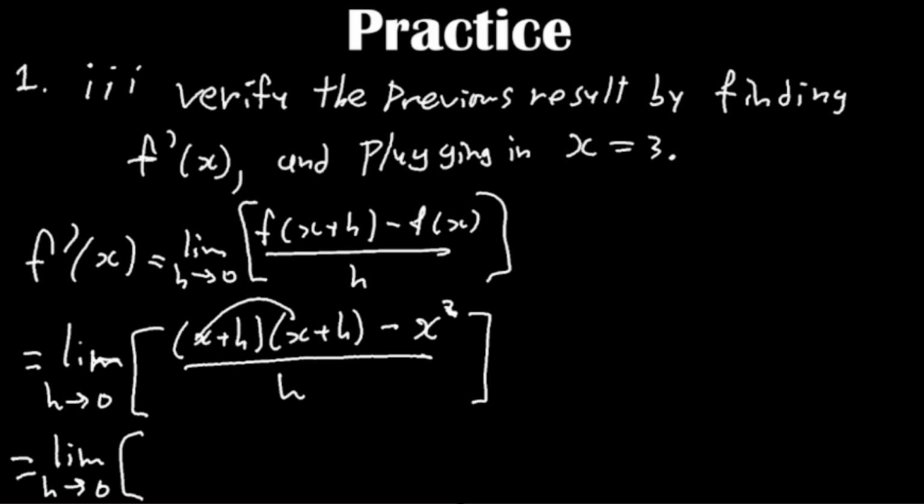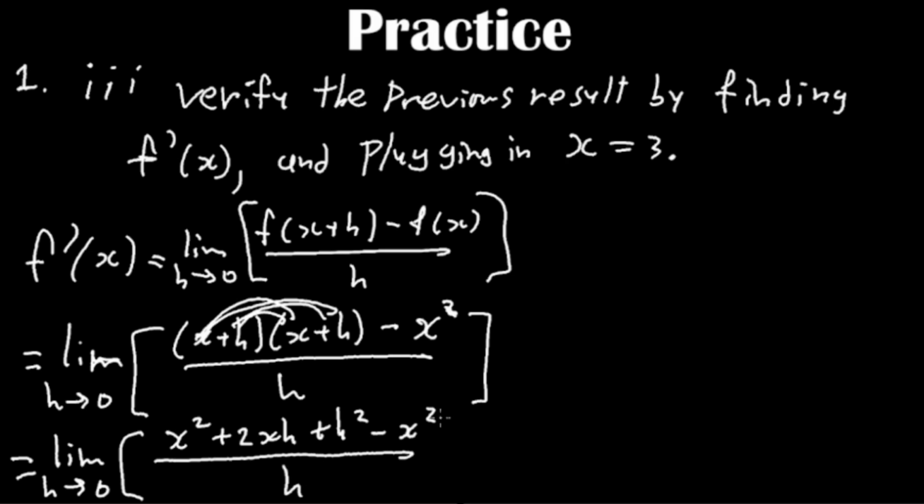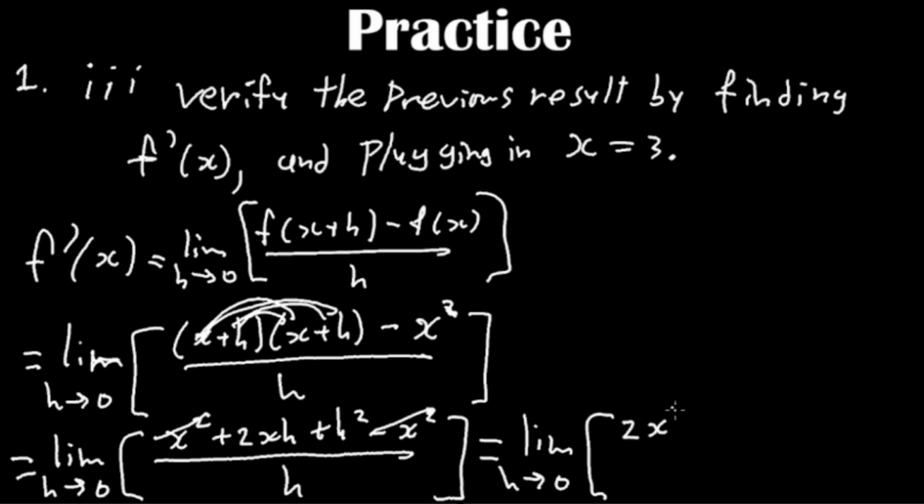Don't drop the limit. All right, so this is x squared plus 2xh plus h squared minus x squared over h. Notice these x squareds will cancel. So this is the limit as h goes to 0 of 2xh plus h squared over h. So we can take an h out of pretty much everything. So this had an h, that has an h, and then this is h squared, so it has two h's.